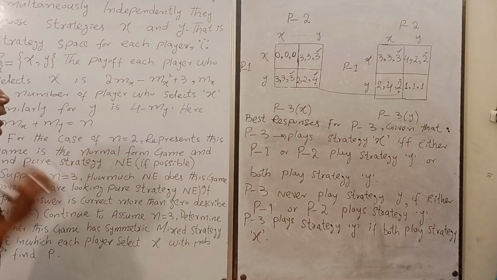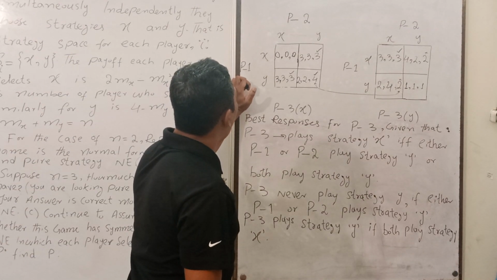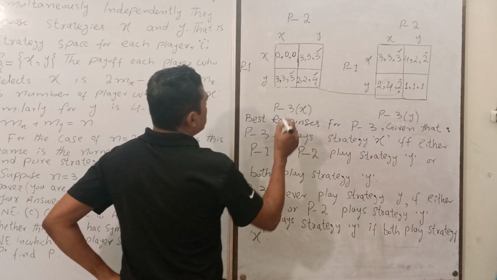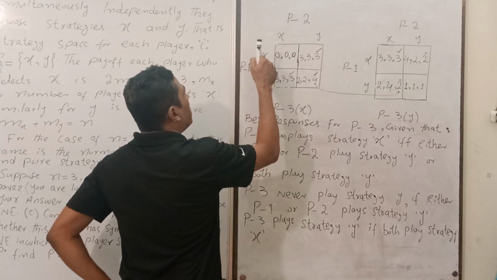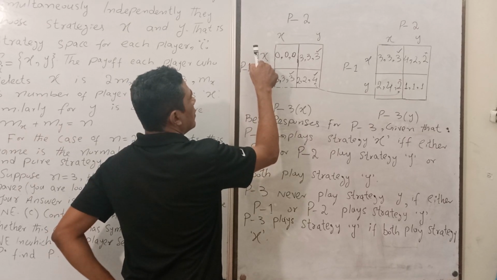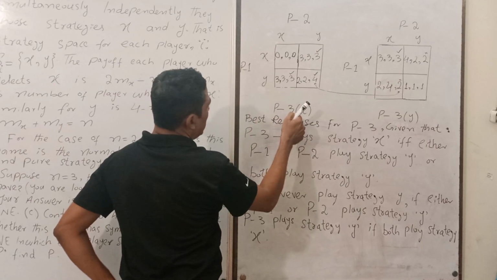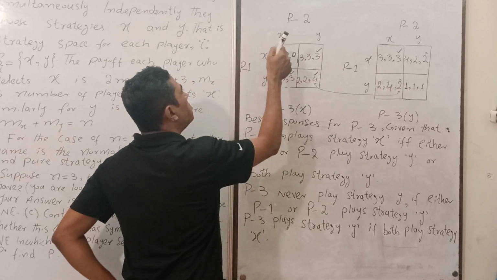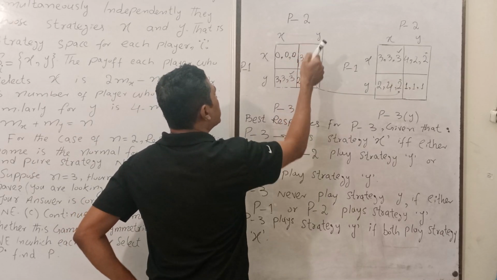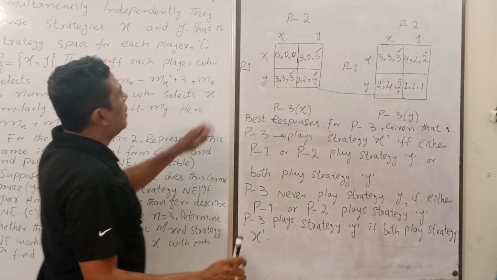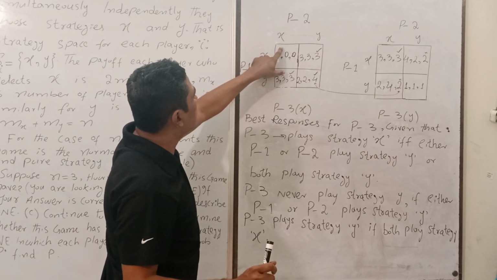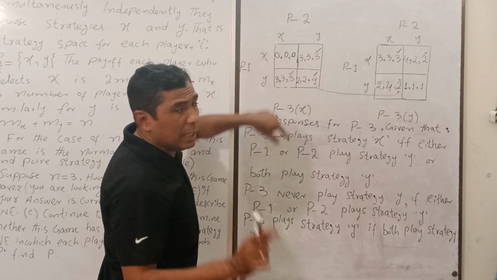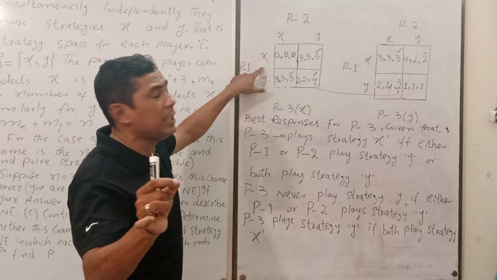Okay, now select P1 strategies. P1 plays strategy X given the condition P3 plays strategy X and P2 plays strategy Y. If P2 and P3 both play strategy X, then P1 never plays strategy X. Why?